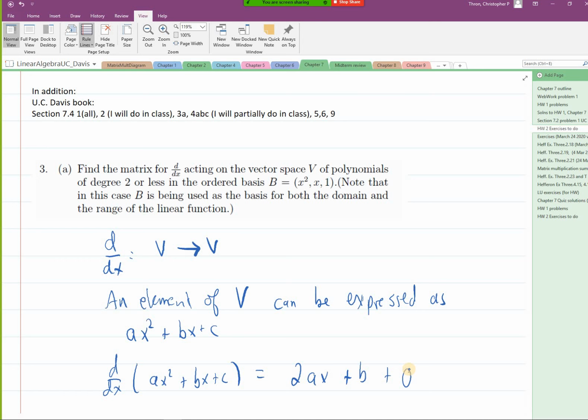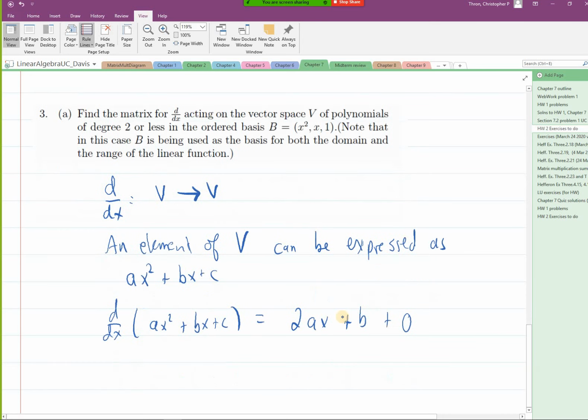What we want to know is what does d/dx do to the vector ABC?